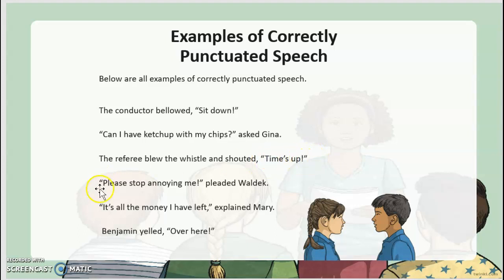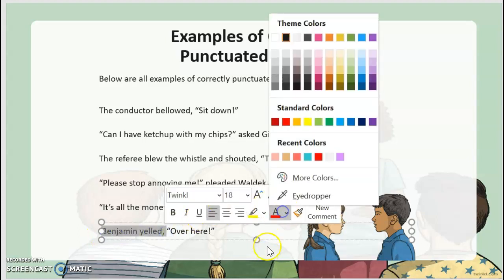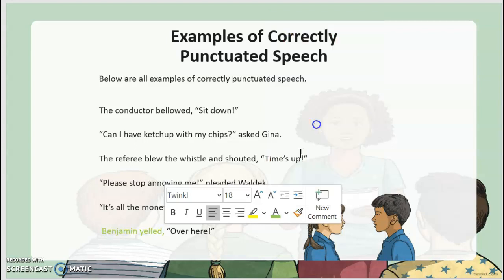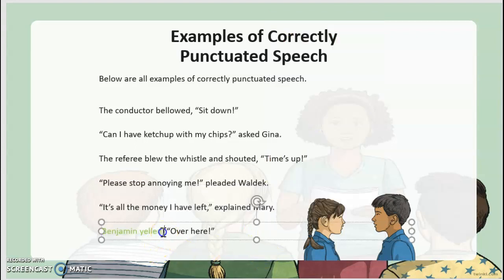There's an exclamation mark. "Please stop annoying me," pleaded Waldeck. "It's all the money I have left." You can see the comma is inside the closed talking mark, explained Mary, and then there's a full stop. Benjamin yelled, comma, "Over here." So you can see when the reporting clause is at the start of the speech that there is a comma instead of a full stop.